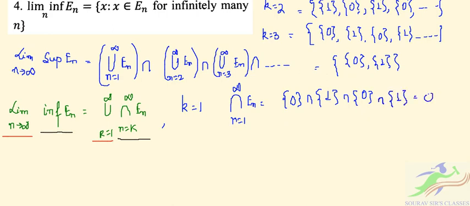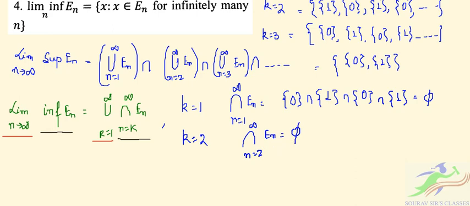So it will be nothing but the empty set. Similarly for k equal to 2, it will be the same for n equal to 2 to infinity En, right?